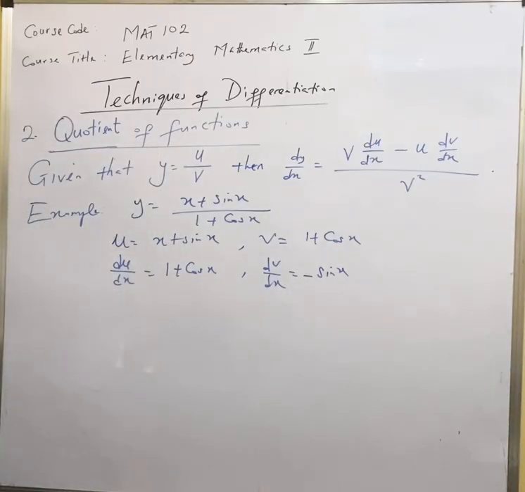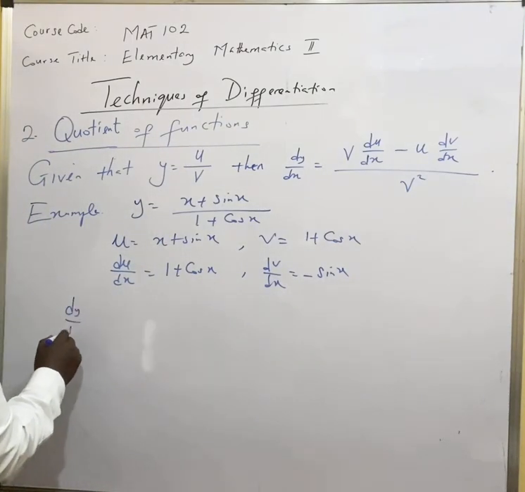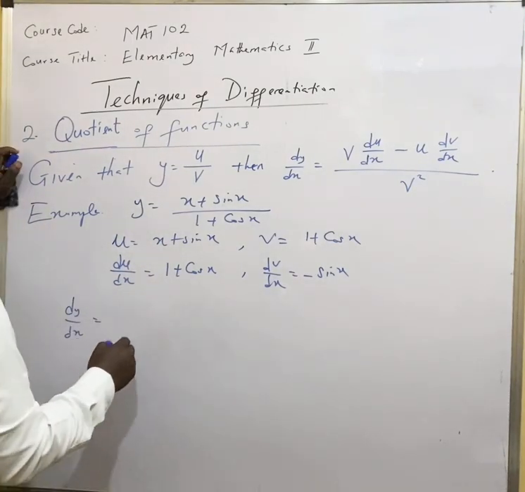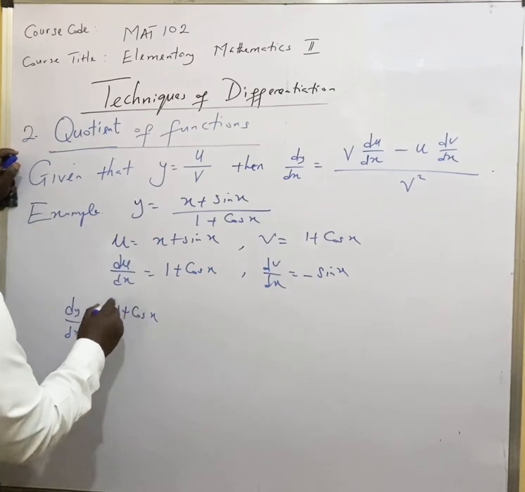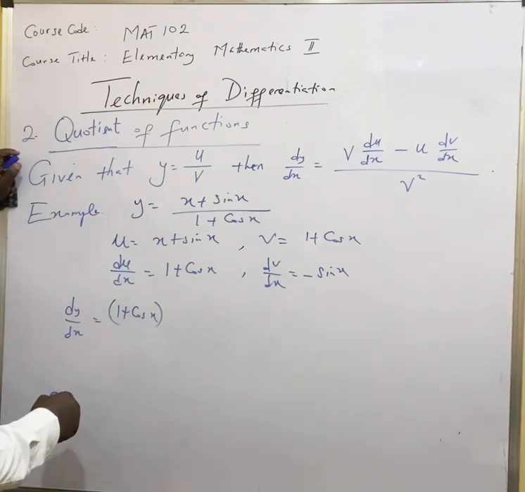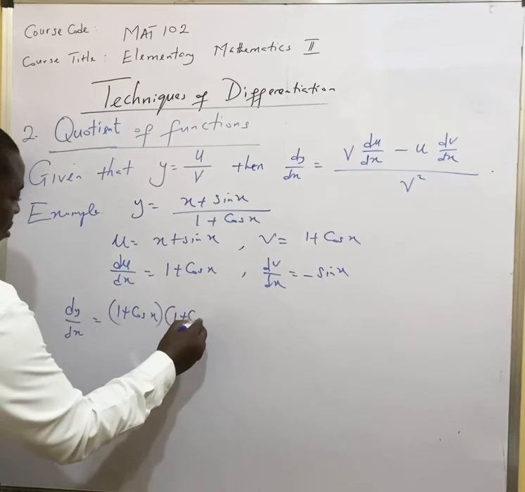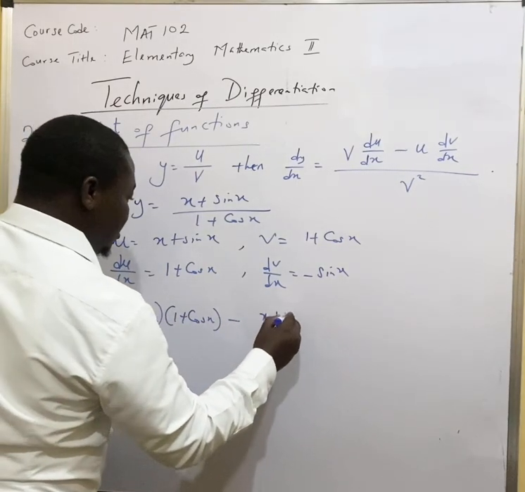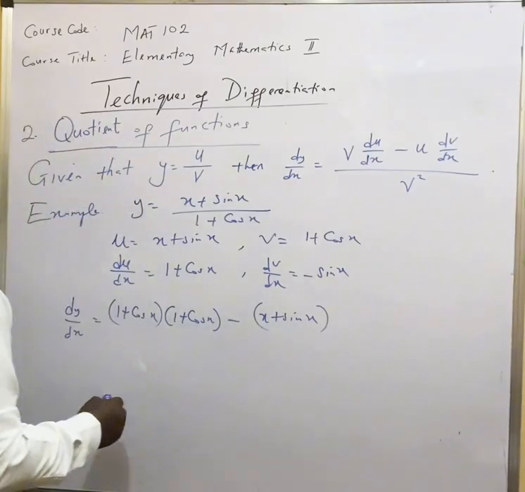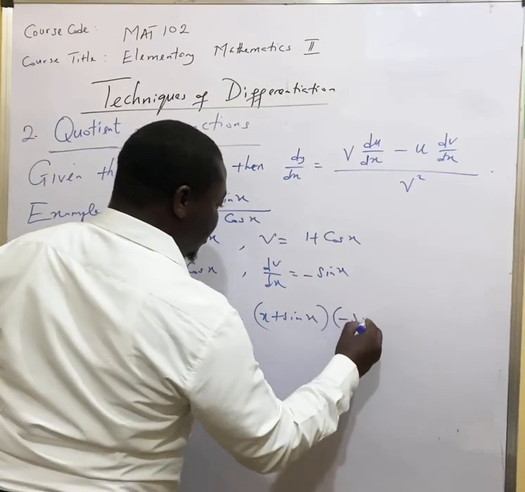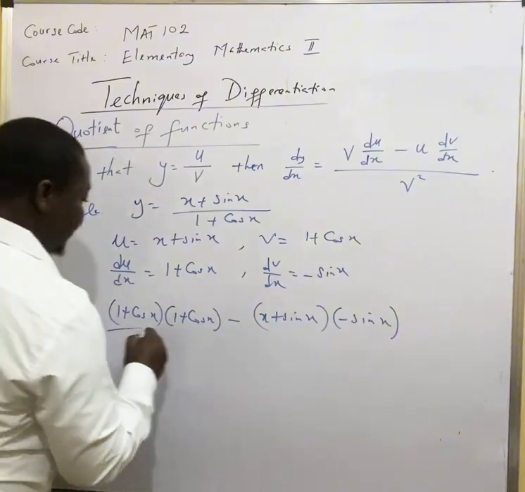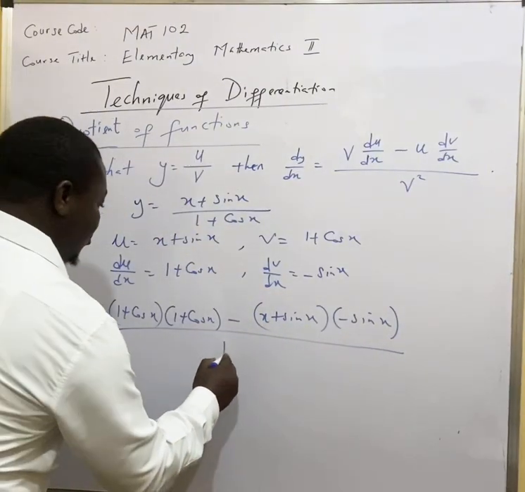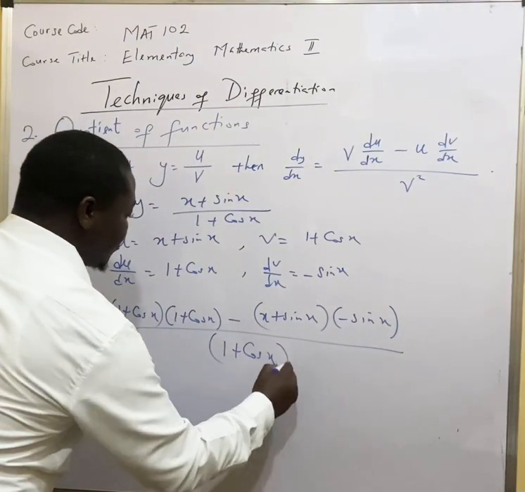So we now substitute into that formula, so that dy dx will be equal to v, which is 1 plus cos x, multiplied by du dx, that's 1 plus cos x, minus u, which is x plus sine x, multiplied by dv dx, that is minus sine x, divided by v squared, 1 plus cos x all squared.